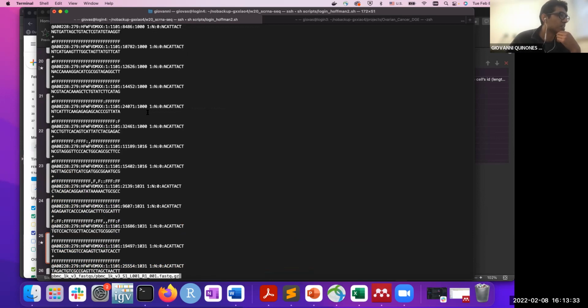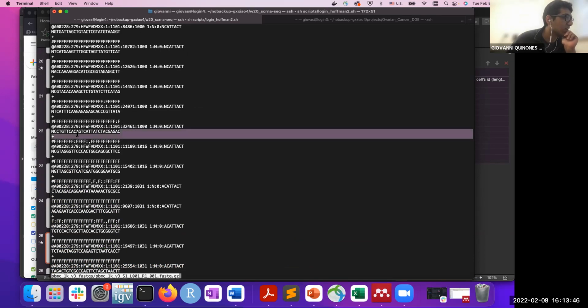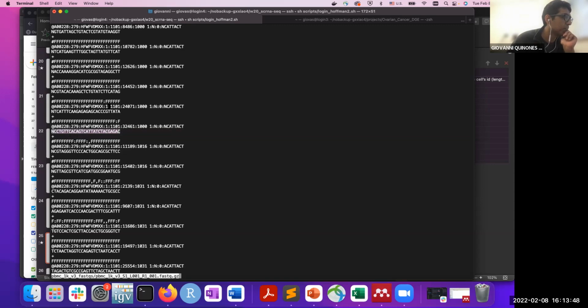This is a FASTQ file format. You don't need to know what every line means. I'm just going to highlight that every 4 rows is a different read that you obtain.